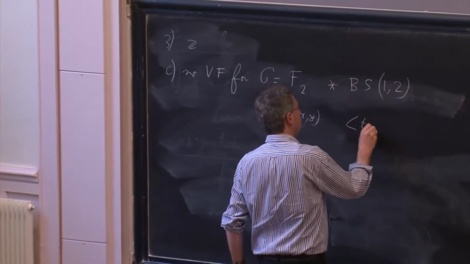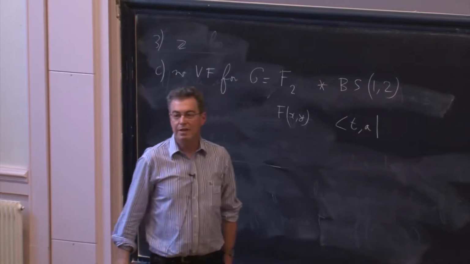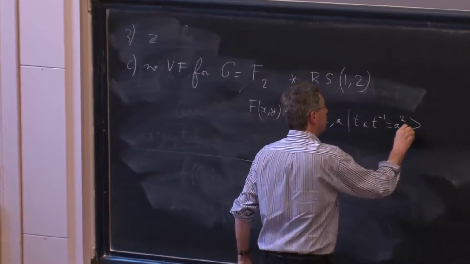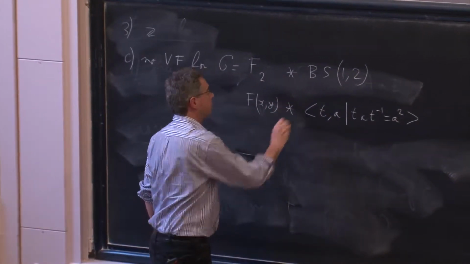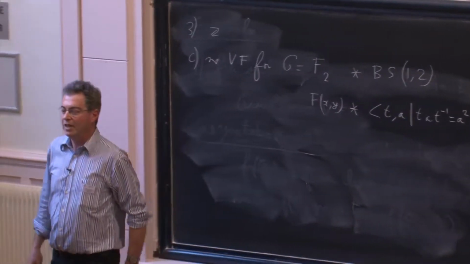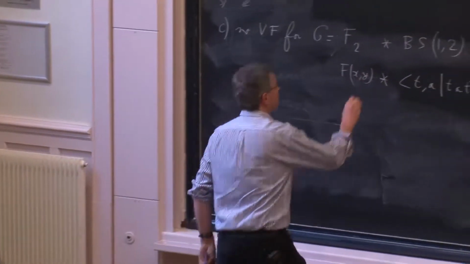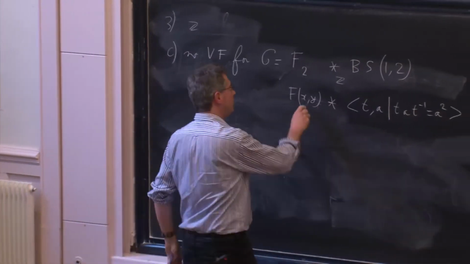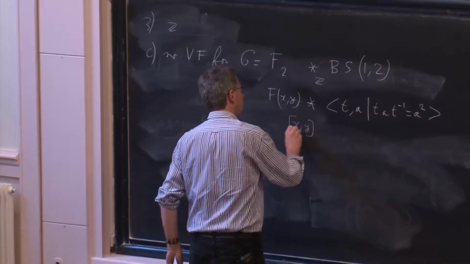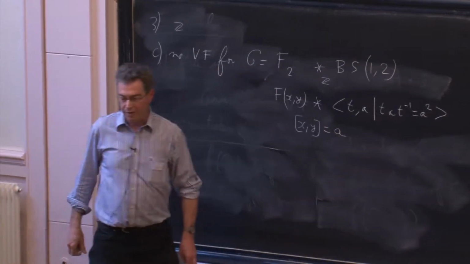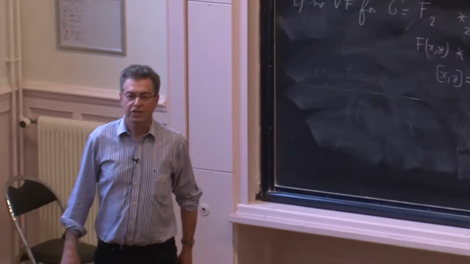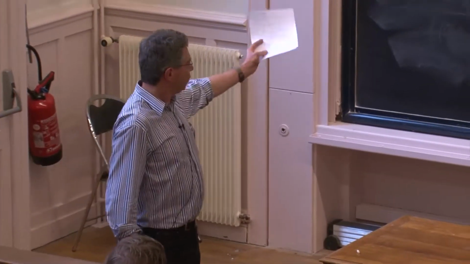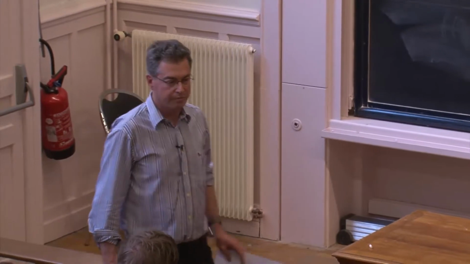So this is a group generated by two elements t and a, where t conjugates a to a squared. And I have to tell you what the amalgamation is. So it's an amalgam over Z. And the amalgamation is going to identify the commutator [x,y] with the element a. So this is a group which is hyperbolic relative to a solvable group. It's one-ended. And I'm going to show you that there's no vertex finiteness for this group.